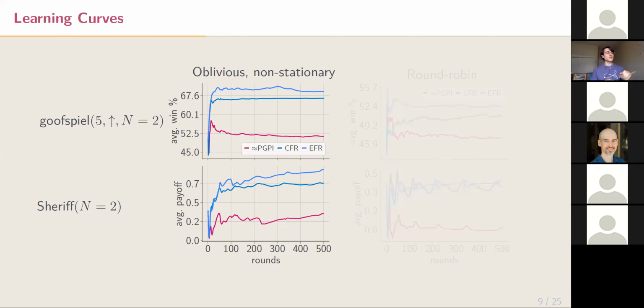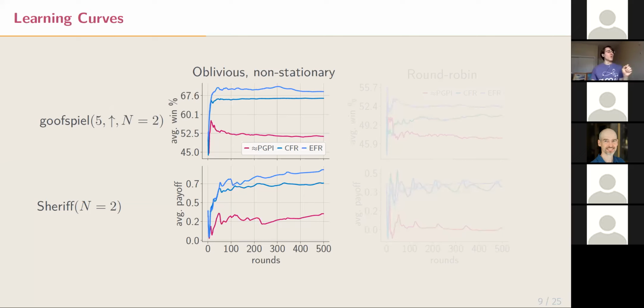But here, this EFR line represents EFR instantiated with a deviation set that's strictly stronger than both PGPI's and CFR's. It includes the union of both of those deviation sets. And we can see here that when we include the union, we get even better performance than CFR.